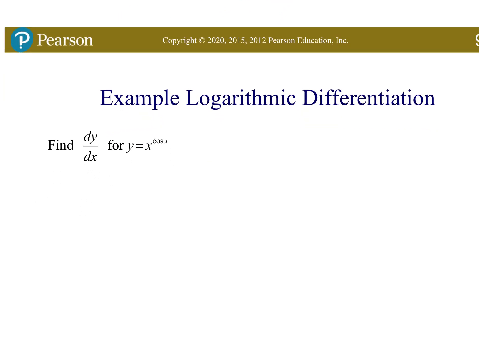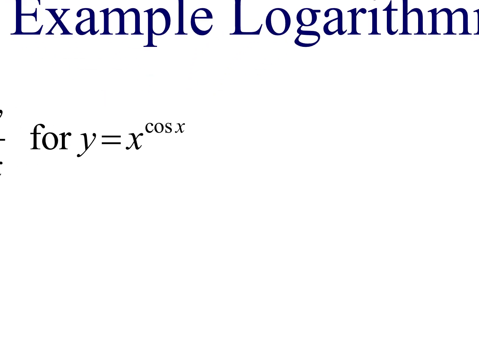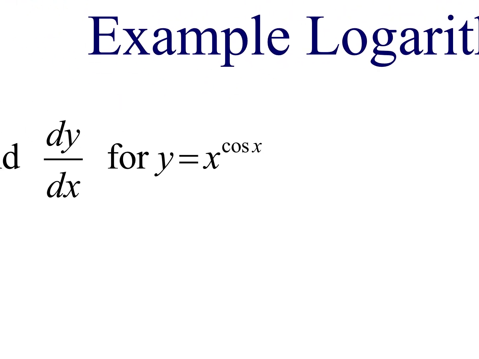So here's an example of something where logarithmic differentiation helps, because you can't use the power rule. There are students who try to do dy dx, and they look at this and they go, I'm going to pull cosine to the front, and I'm going to say cosine of x in front of x to the cosine of x minus 1, like that.